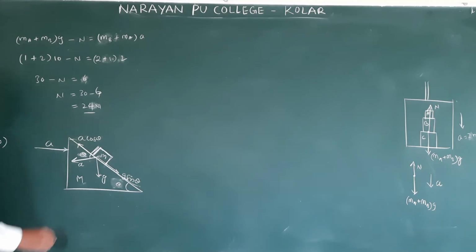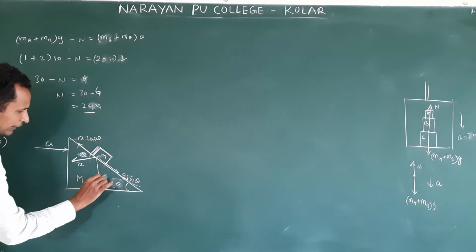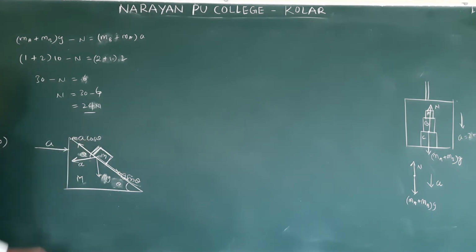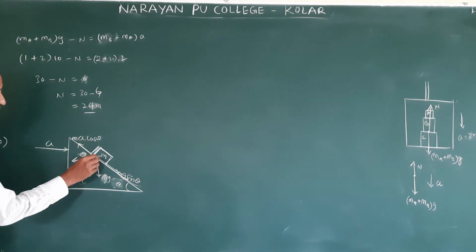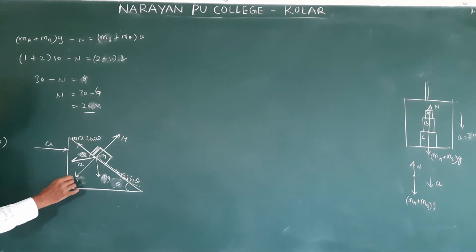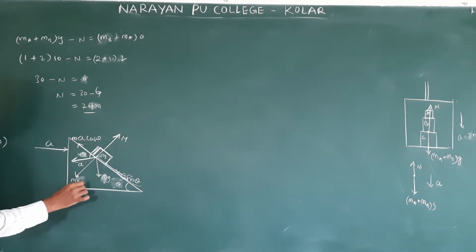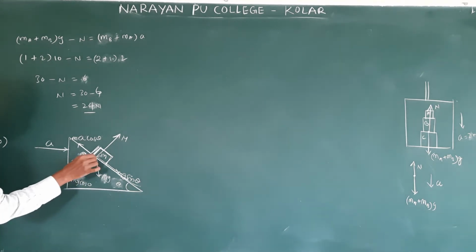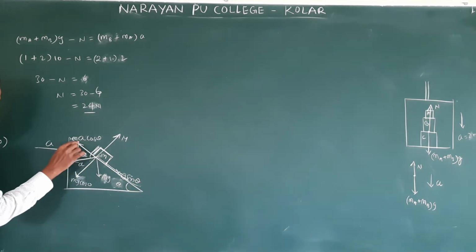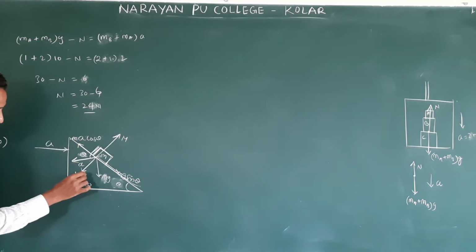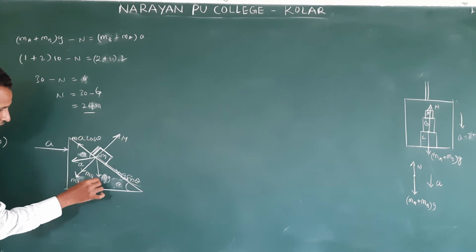If we consider masses, this will be mg, this is mg sin theta, and this is ma cos theta. The normal reaction acts like this. One component that balances is mg cos theta. Due to this force, one component is already resolved up the plane, ma cos theta, and another component is ma sin theta.